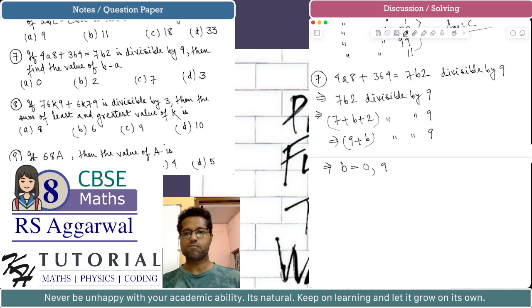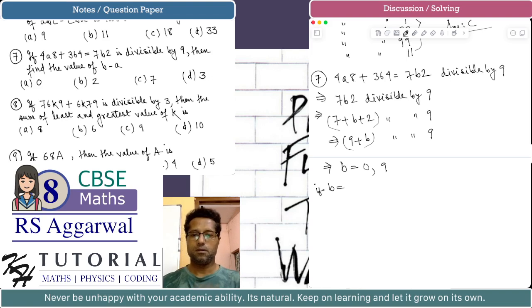Now, if b is equal to 0, since it has asked the value of b minus a and all the choices are single valued, this means that there will be only one value of b minus a, which means that there will be only one value of b and a.